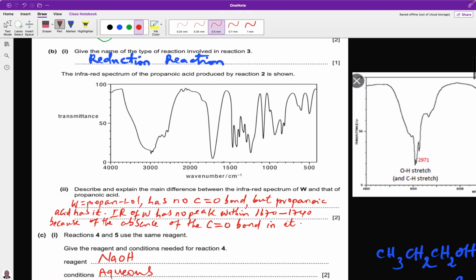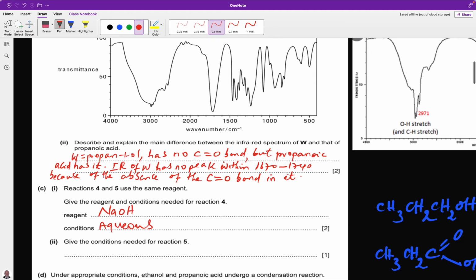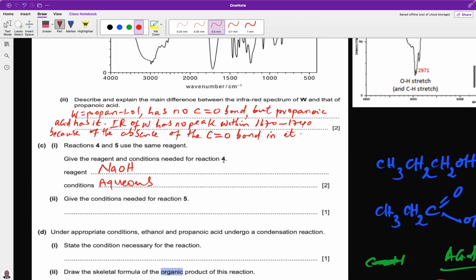So the condition needed for reaction 5 is alcoholic sodium hydroxide, that is, under alcoholic condition, which is ethanol.